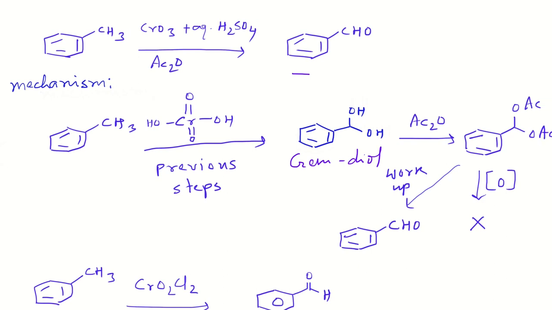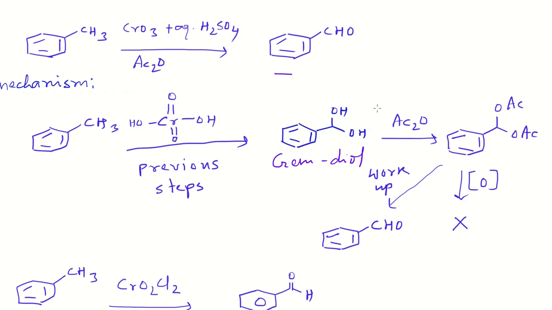This intermediate will form. Now you can see that these OH groups are no longer available for nucleophilic reaction with the chromic acid, so no further oxidation step will happen. The reaction will essentially stop at this position, and then acidic workup will generate our desired aldehyde.